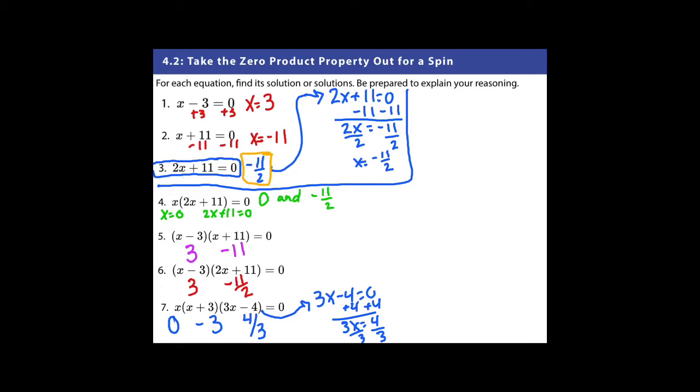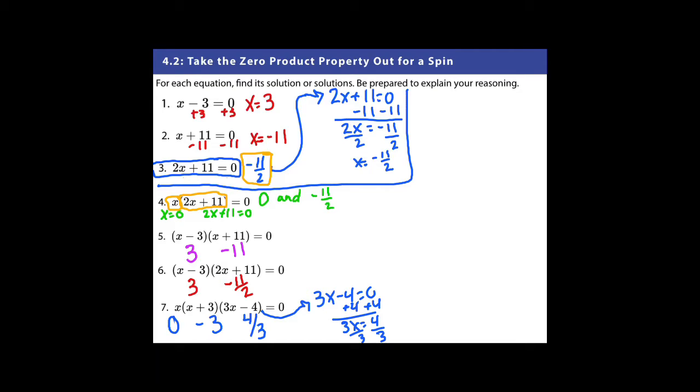For the next one, if you do it like our last one on the last slide and do x equals 0 and 2x minus 11 equals 0, you get x equals 0, and just like this last one, the 2x minus 11 gave us negative 11 over 2, so it would be 0 and negative 11 over 2.